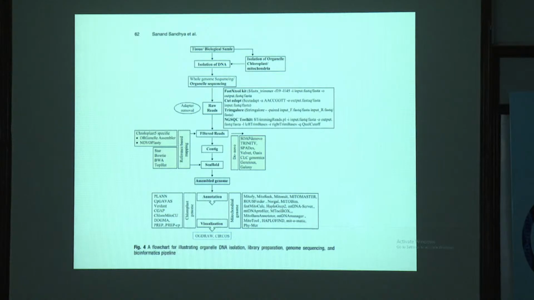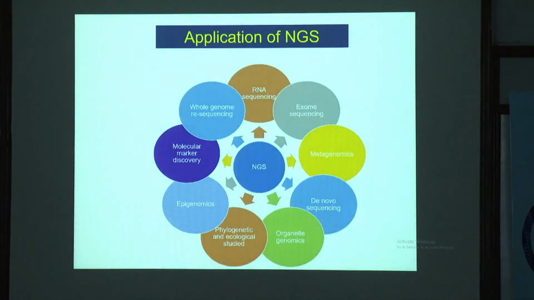Okay, and then you can visualize in form of heat map or anything you can make. Okay, so these are the application part. If you see NGS, you can do RNA sequencing, exome, metagenome. You can do the particular, if you are interested in organelle genome sequencing. Okay, epigenome study you can do, whole genome sequencing or resequencing, what you are planning you can do.